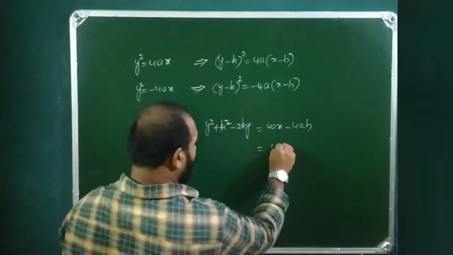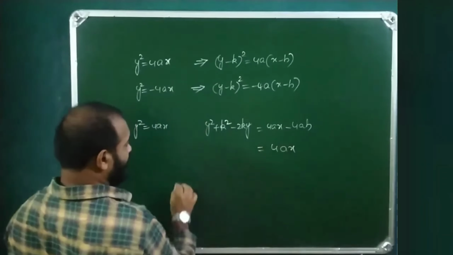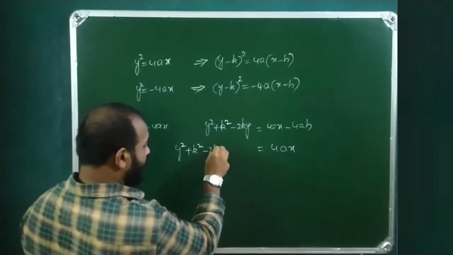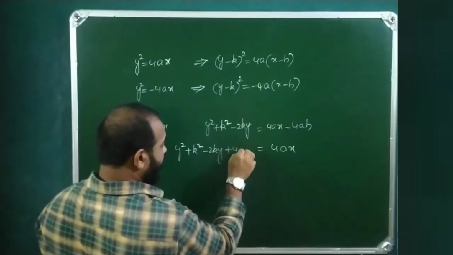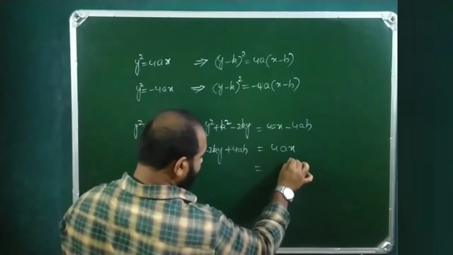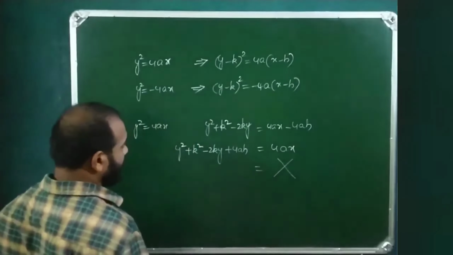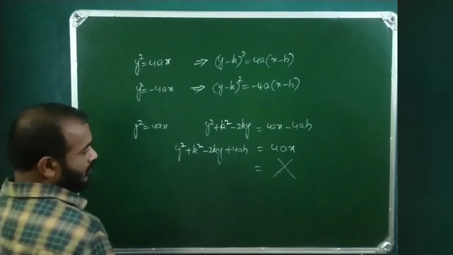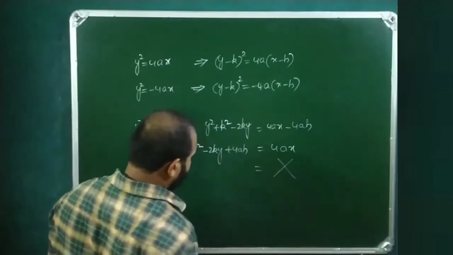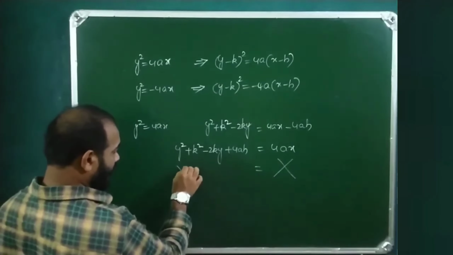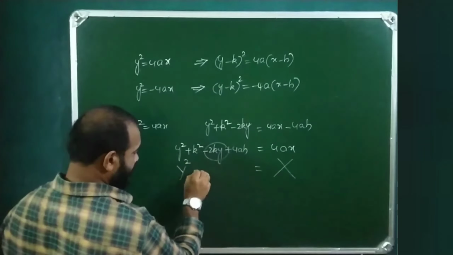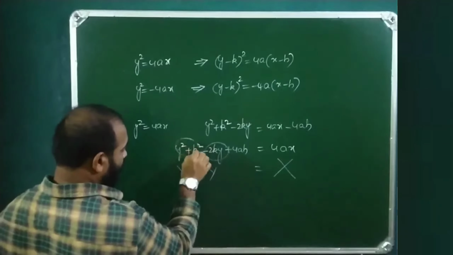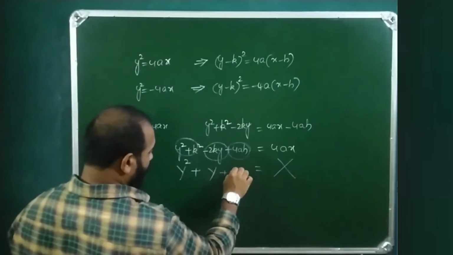So 4ax equals y square plus k square minus 2ky plus 4ah, so x equals y square minus 2ky plus k square plus 4ah, all divided by 4a. It is constant.